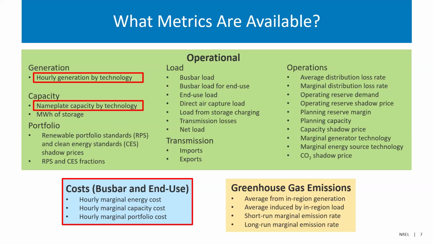And then probably the most popular category that people draw from for Cambium is the greenhouse gas emissions metrics. We have a handful of different ones. We have both attributional, that's average type metrics, as well as consequential, that's marginal type metrics. That's both short run and long run marginal emission rates. I'm not going to talk too much about the definitions of those.